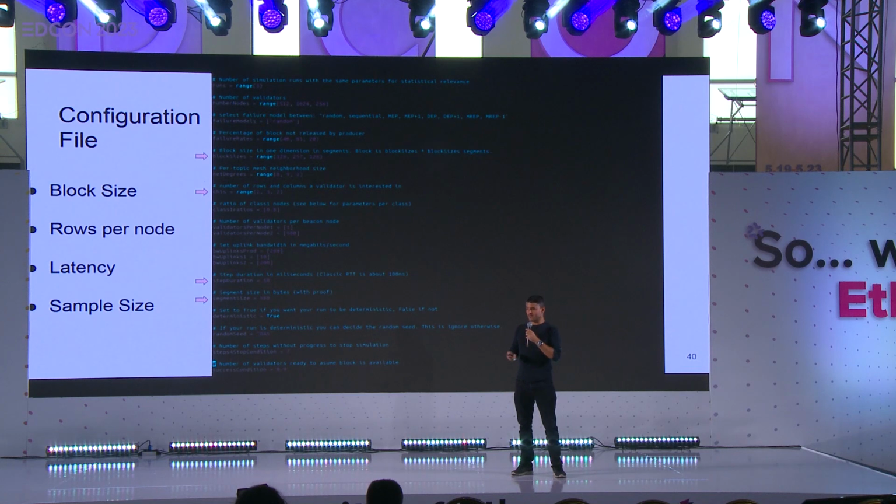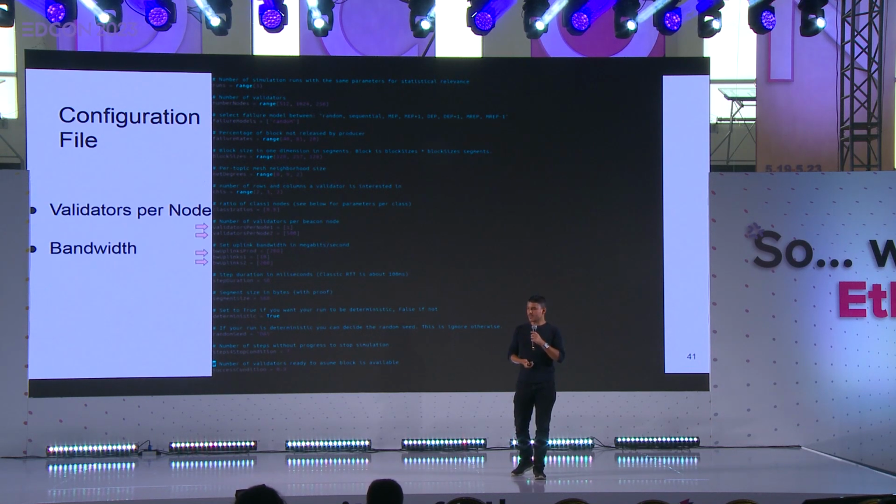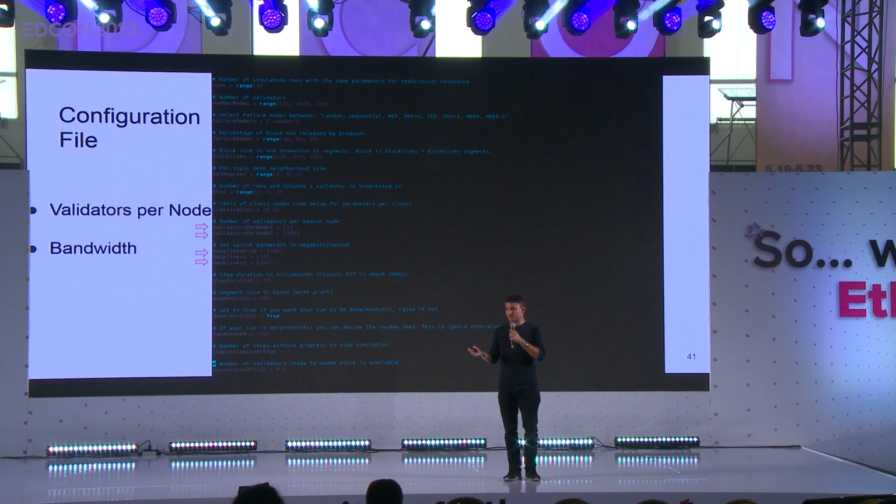And so there is a trade-off there. There is a sweet spot to be found. We can also configure the latency of the network. We can also configure the sample size. And we can also configure the bandwidth. And actually, you can configure different bandwidth for different types of nodes in the network.